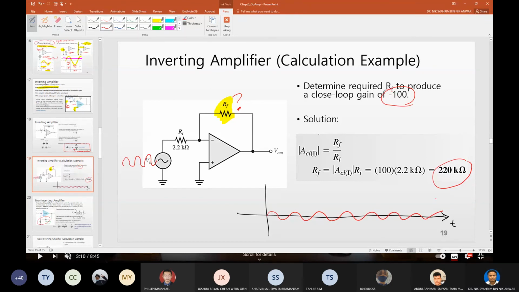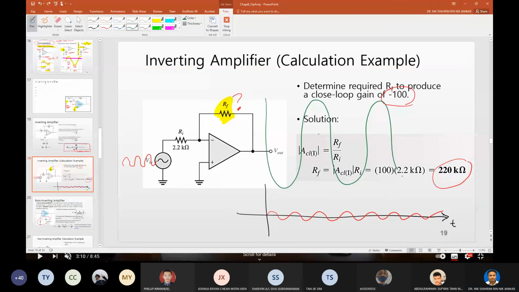Okay. So the output will then be, let's draw in green, 100 times, maybe this is not 100 times enough, you should draw it bigger.